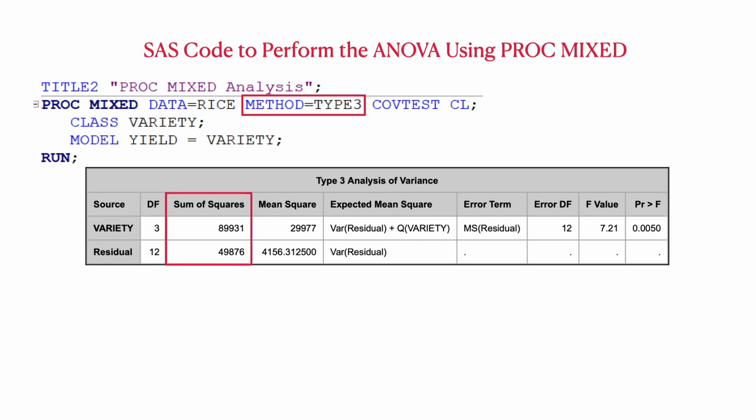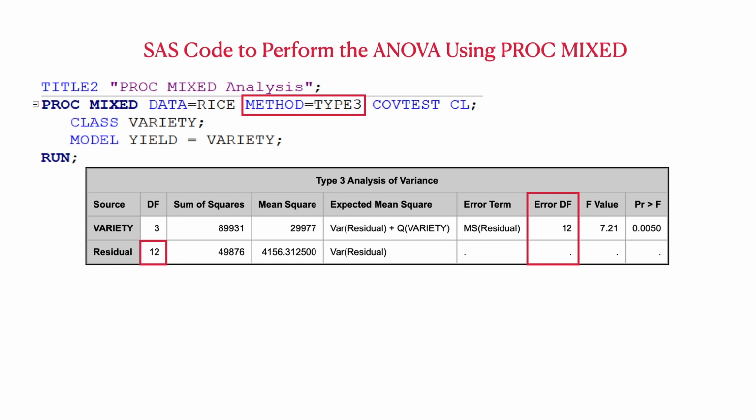We have a column for the sums of squares, and you can compare those values to what we got from PROC GLM, as well as the values that we got when we calculated these things by hand. Next, we have a column for the mean squares, and again, compare those with the values we got by hand and also the values we got from PROC GLM.